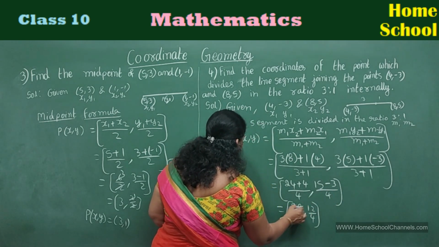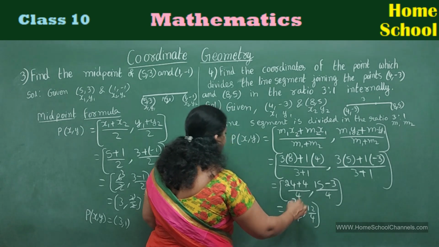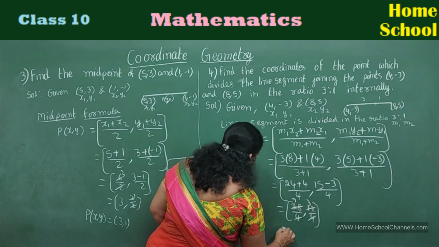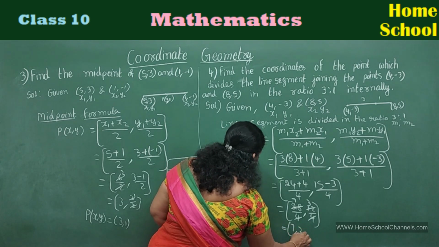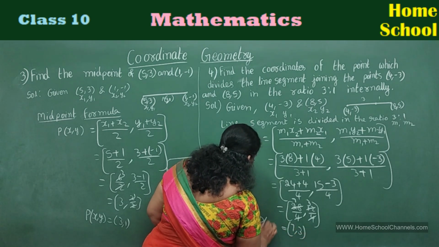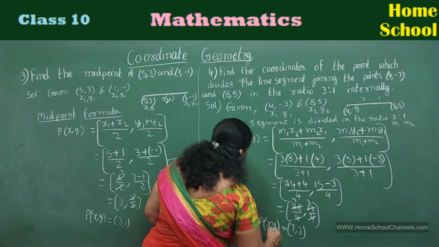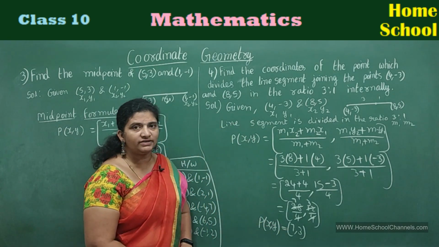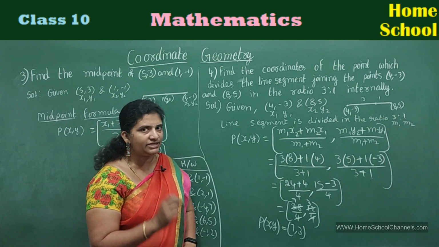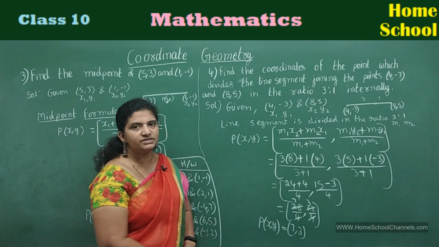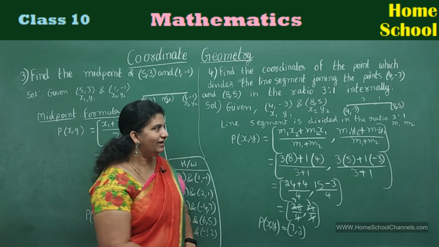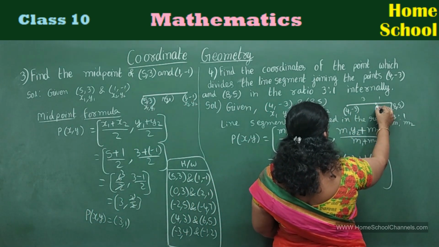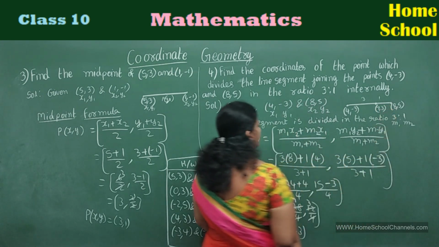Then this will be 4 7s are 28, 4 3s are 12. That is 7 comma 3 is the point of division. Therefore, the coordinates of the point which divides the line segment in the ratio 3:1 are 7 comma 3. Right? This point coordinate is 7 comma 3.